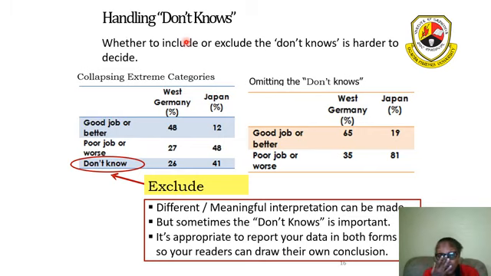If you have ICT students who are using a system online, and you're trying to get their attitudes towards it, and someone says, I don't know, I am neutral about it. What does that mean? If they're actually using the system, they should have an opinion about it. So you may want to say, let me exclude it because it will actually affect my analysis.